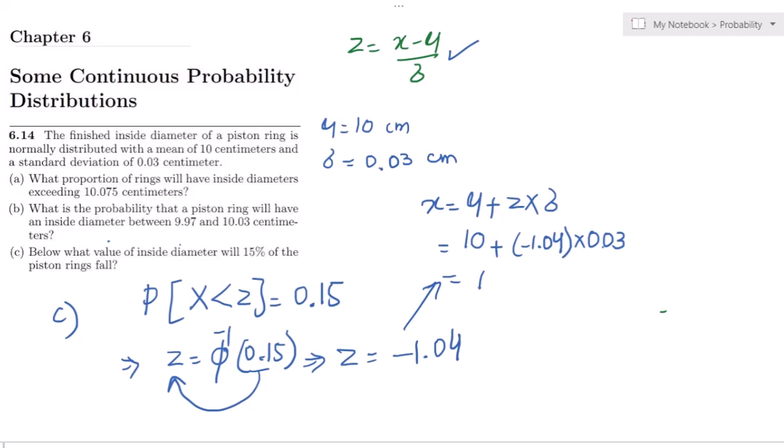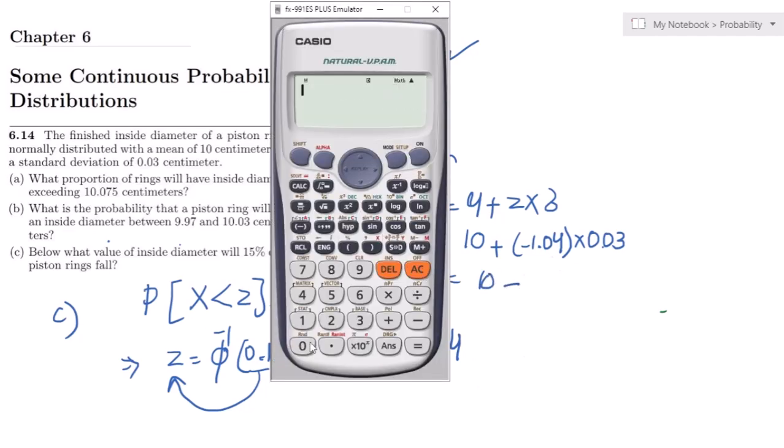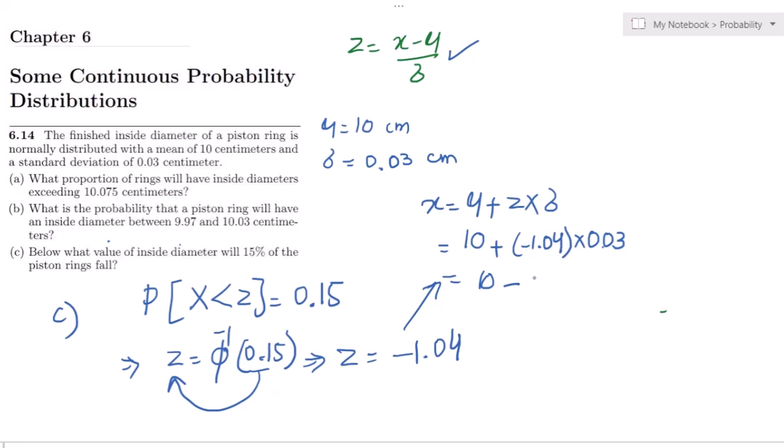So this is 10 minus 1.04 multiplied by 0.03, which is 10 minus 0.0312, that is 9.969.